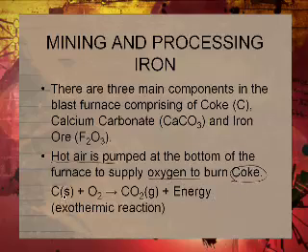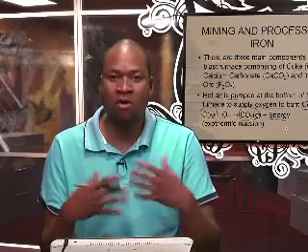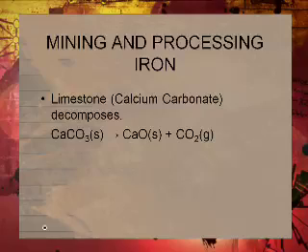Okay, and when that coke burns, carbon dioxide is formed, plus a tremendous amount of energy. So this is an exothermic reaction where huge amounts of energy are given off or liberated. It's exothermic. All right. And then the next part is the limestone part where calcium carbonate is.